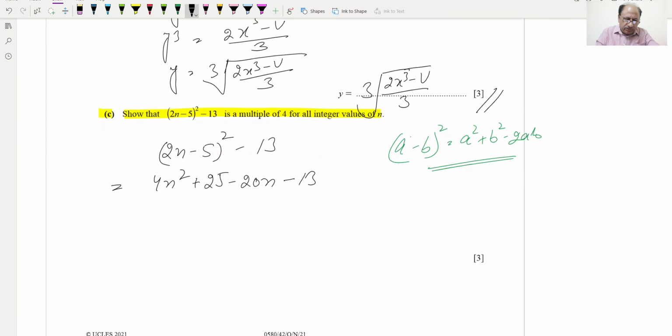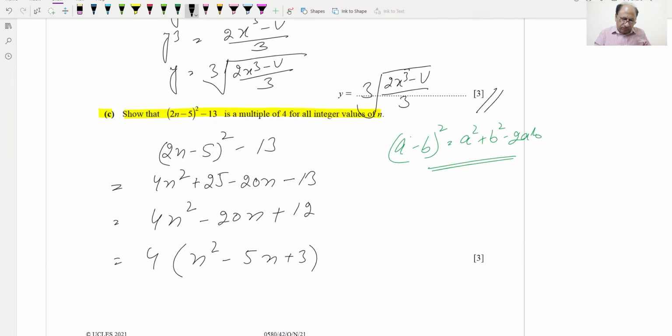This expression we can further simplify: 4n squared minus 20n plus 12, and 4 we can take common, so inside will be n squared minus 5n plus 3, and we can see this is a multiple of 4.